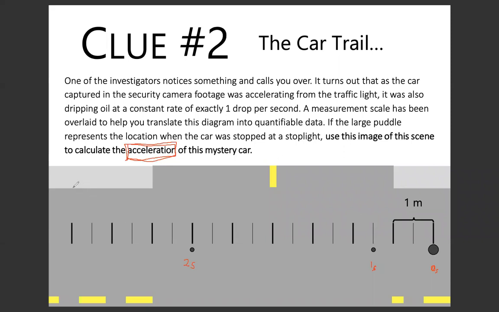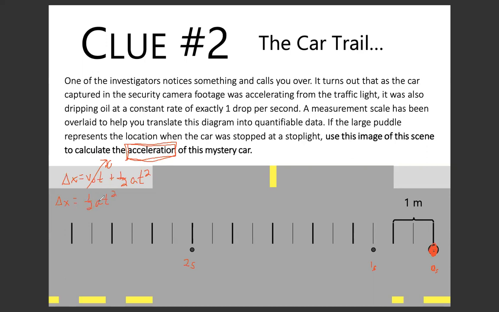So we can use the second equation of motion, delta x equals v naught t plus 1/2 a t squared. And if we start here at t equals 0, that would be when it was at rest. So at rest, v naught is 0. So that means delta x equals 1/2 a t squared.